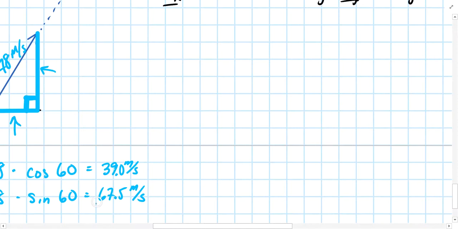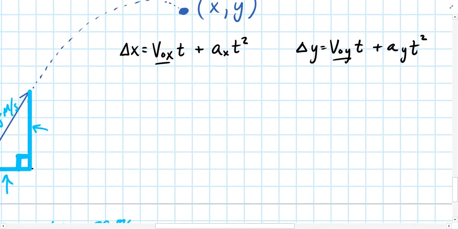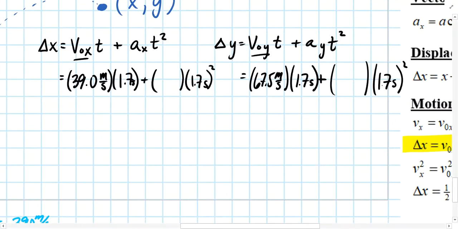Now I took some liberties here and included an extra significant figure just to help us with the computations up here. So here I've set up the equations mostly, and again we're doing two of these equations simultaneously.